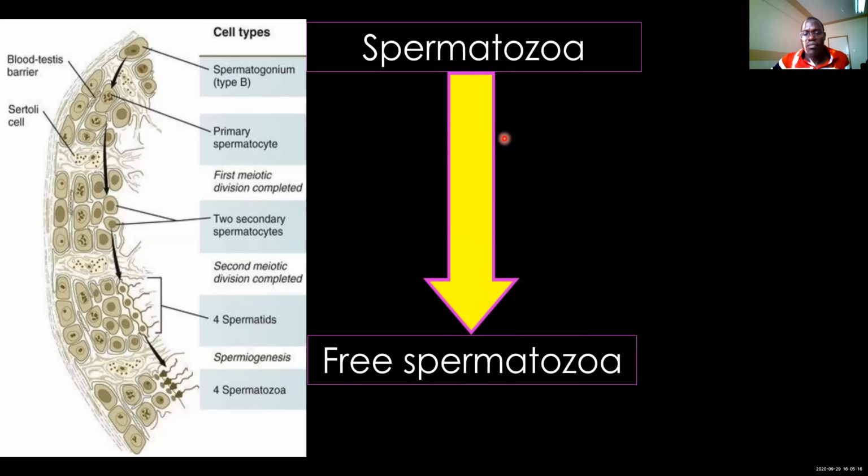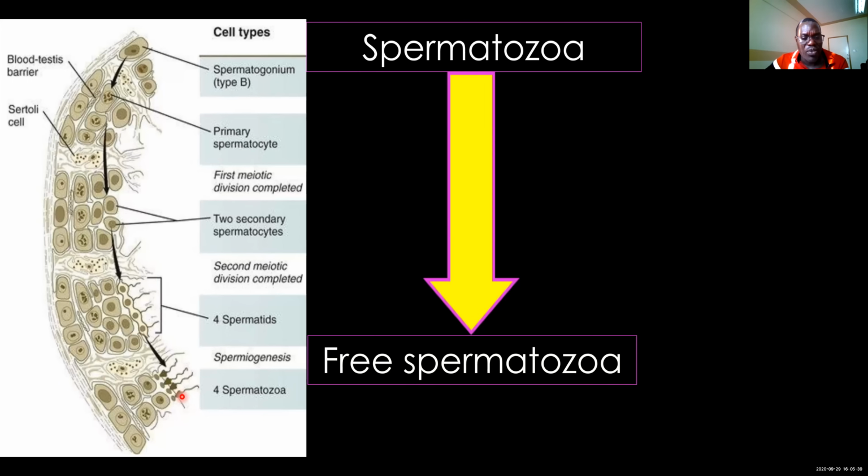Interestingly, when spermatozoa are formed, look at how they appear. At the spermatid stage, they're still anchored together. So the spermatids that came from one primary spermatocyte are just anchored together like that.